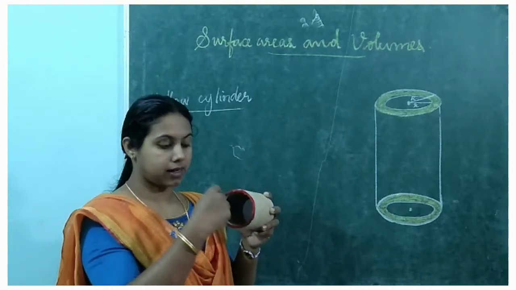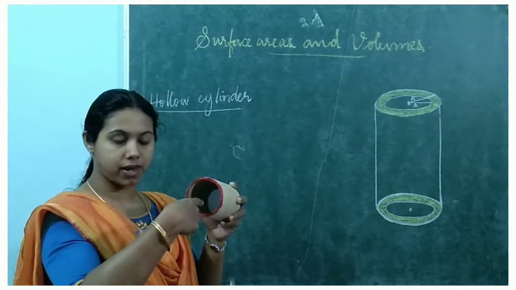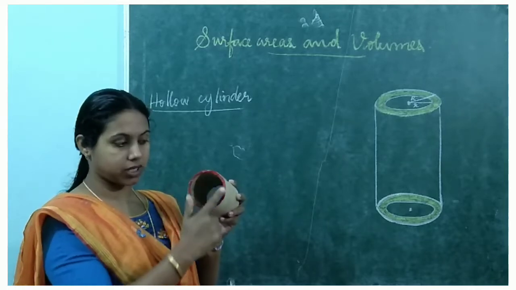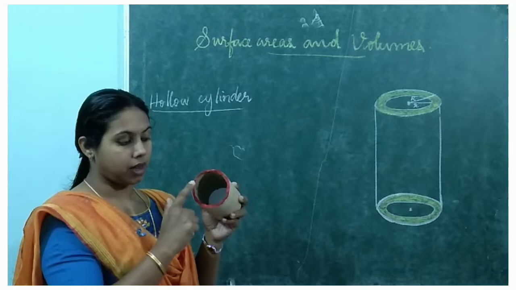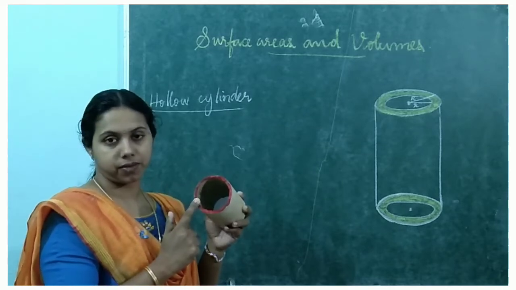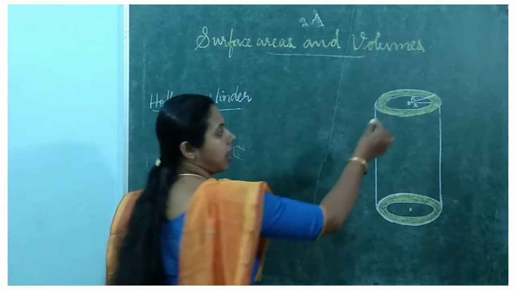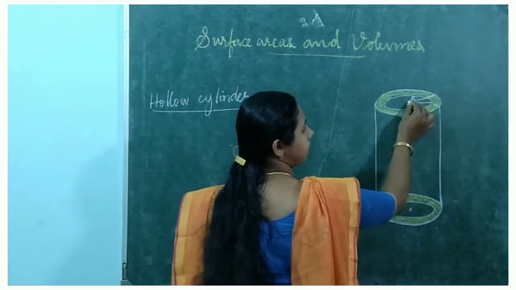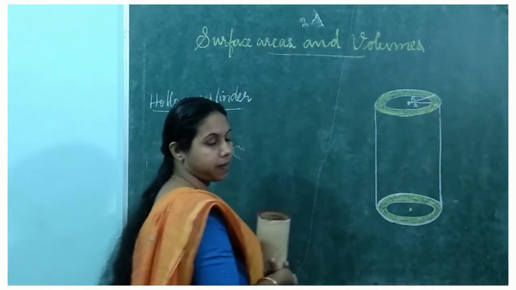So it has outer curved face and inner curved face, and its cross section. This part is known as a cross section. And what is the area of this cross section? Here we know that the radius of the outer cylinder is capital R, and radius of the inner cylinder is small r.